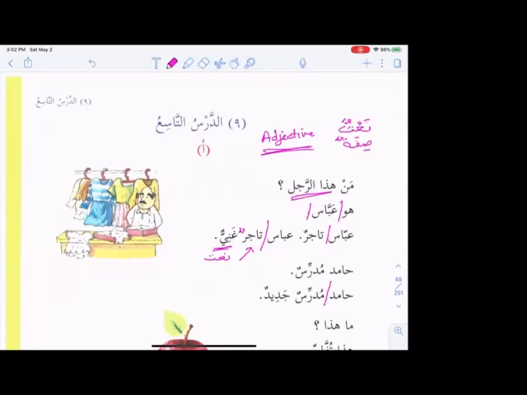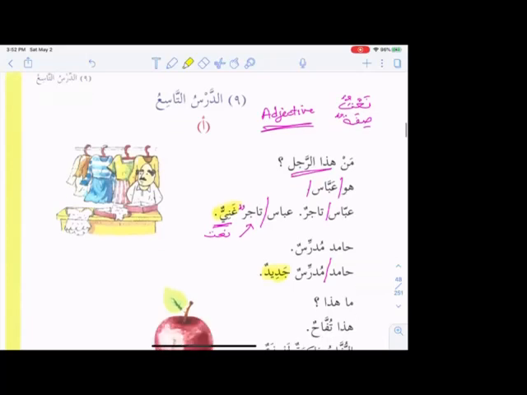Hamidun, Mudarisun, Jadidun. So Ganiyun, Jadidun, they are describing the noun before it. I will go into detail next time, don't worry. They are describing the noun which is before it. Hamid is a new teacher.